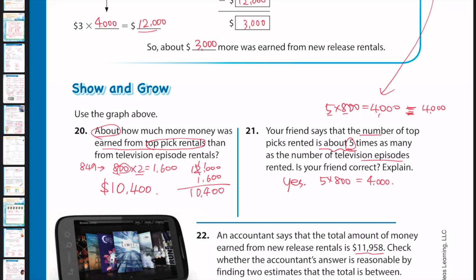And how many zeros? 1, 2, 3. So the total is in between 15,000 and 20,000. So the accountant's estimate was wrong. So the answer is no. Okay, the total amount will be in between, yes, 15,000 and 20,000. That's it.